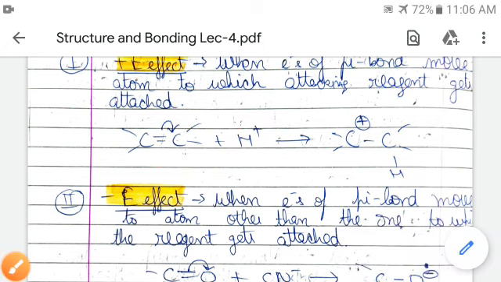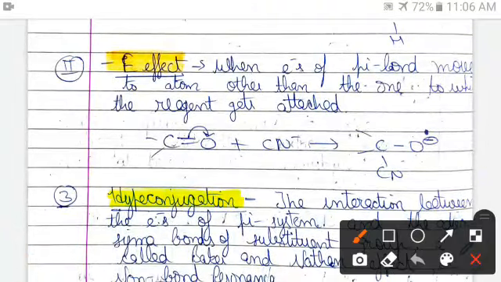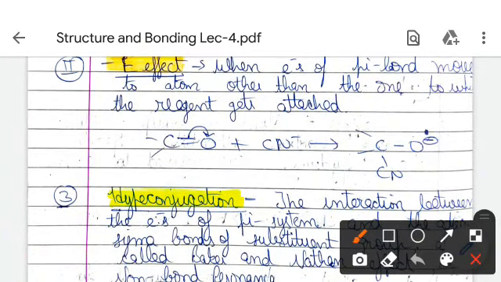We can see this in C double bond O. In this, if cyanide ion CN negative attacks, then these electrons move towards oxygen, as oxygen is more electronegative, and this carbon will carry positive charge, so cyanide will attack this carbon.